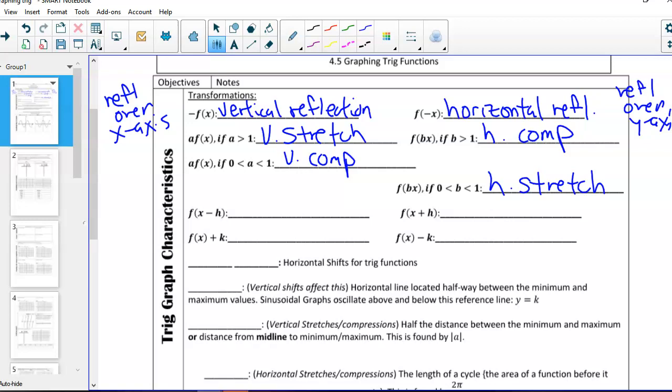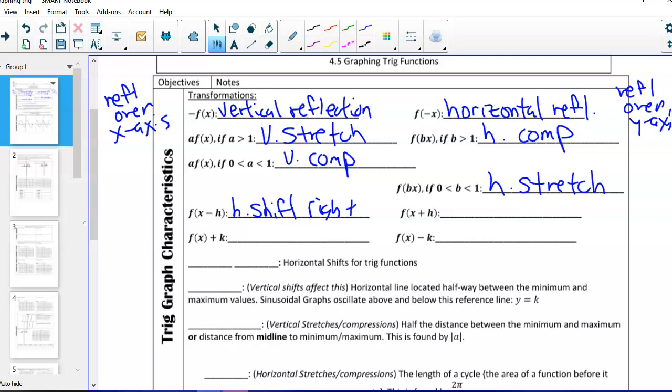And then if we are adding or subtracting something inside, what type of transformation is that? So this one. It is a shift. This would be right. So remember, it does the opposite.